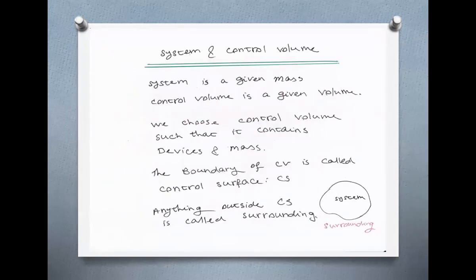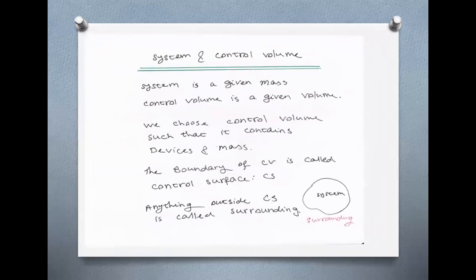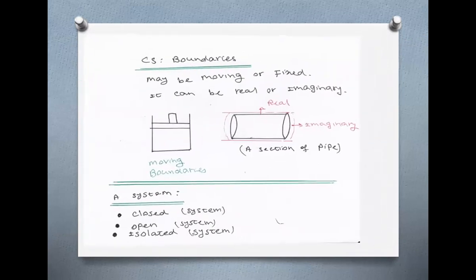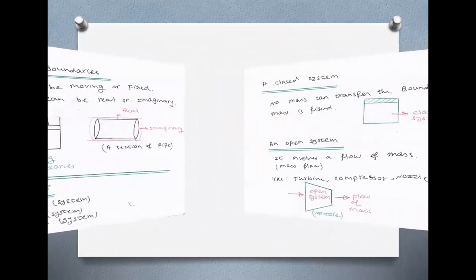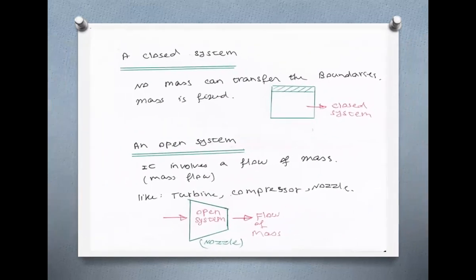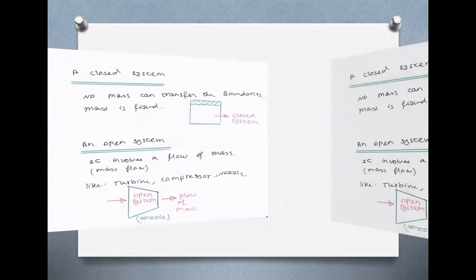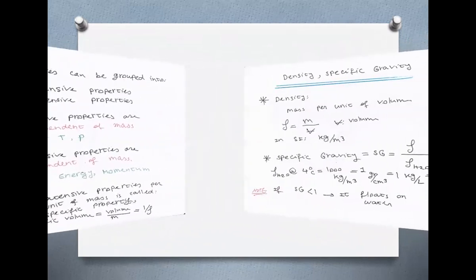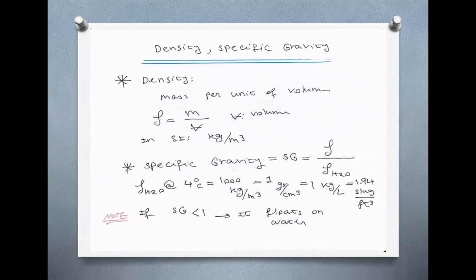And we talked about some units for heat. We talked about system and control volume, and also control surface, which is the border of the control volume. We talked about closed and open systems, and extensive and intensive properties. I think we should pick it up from here.